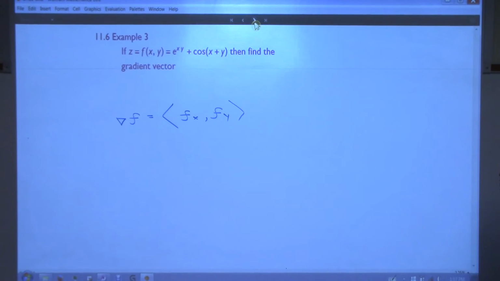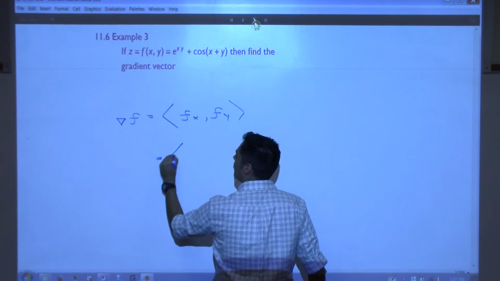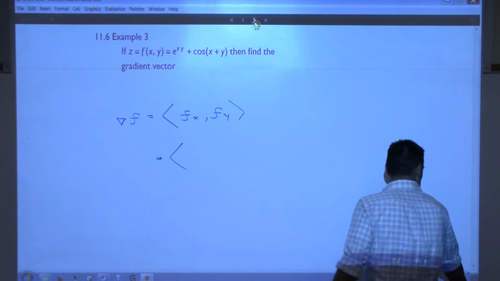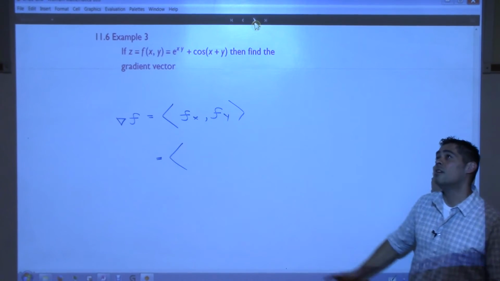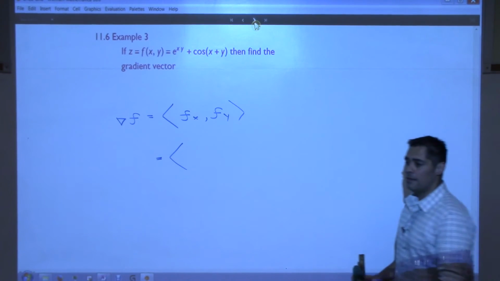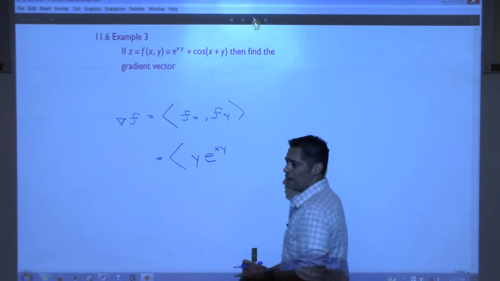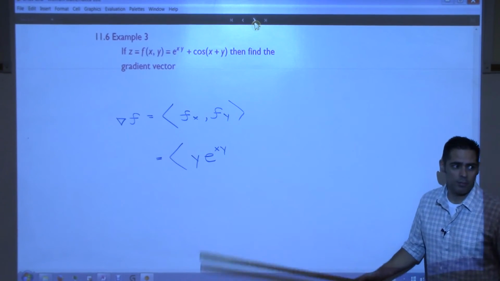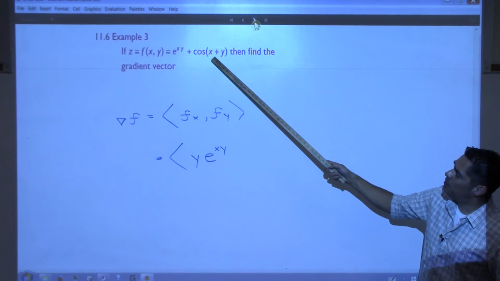And so let's just compute the partial of f with respect to x. Let's see. We have a sum, right? So the partial of e to the xy with respect to x would be y e to the xy. See, I'm assuming that you're okay with that by now, that you can do partial derivatives by now. Plus the derivative of cosine of x plus y.